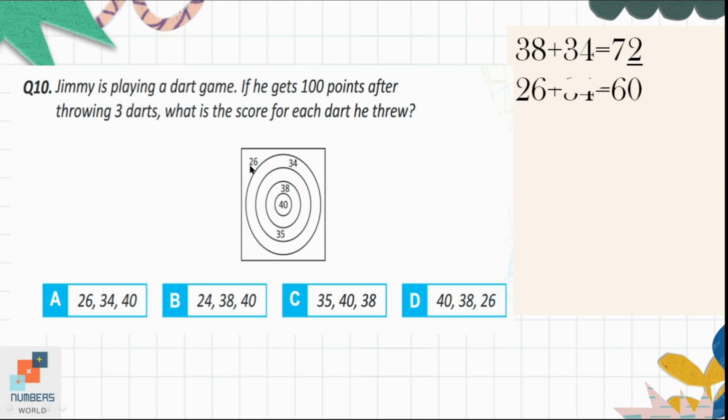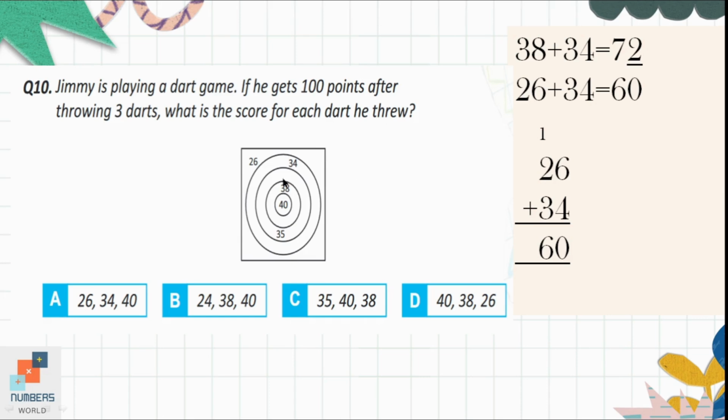Let's add 26 and 34, that is equal to 60. Like 26 plus 34, 6 plus 4 is 10, 0 will come down, 1 will be given as carry, and the sum of these 3 numbers is 6. So the total is equal to 60. So 60 has a 0 at the units place, so it can be my possible pair. Now I will search for my third number with 0 at the units place, because 0 plus 0 will make 0.